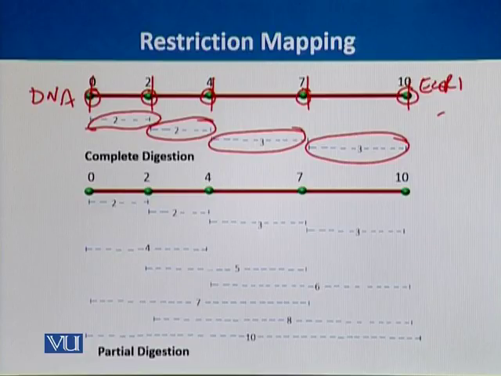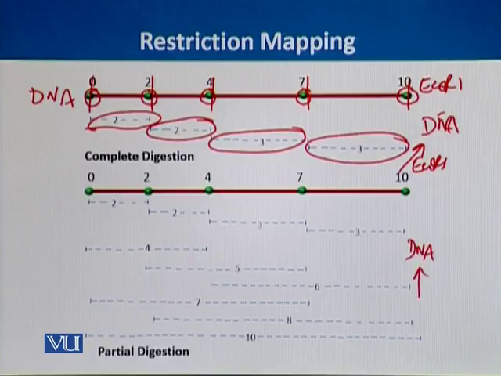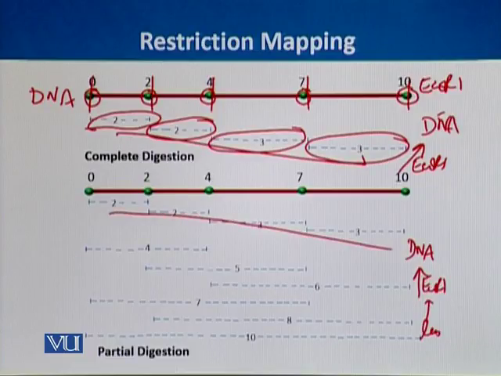The idea is that when we use the DNA molecule and the required amount of EcoR1, then EcoR1 will digest the DNA completely. But on the other hand, if we use the same DNA and add the EcoR1 restriction enzyme in less concentration, then apart from the fragments generated in the complete digestion, some other fragments will also be generated.